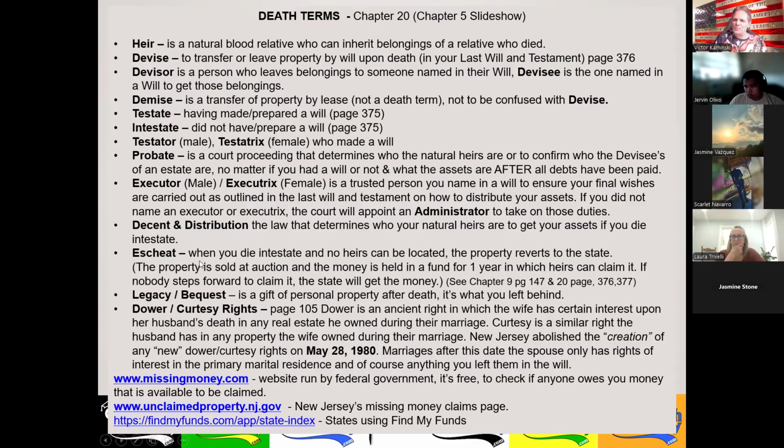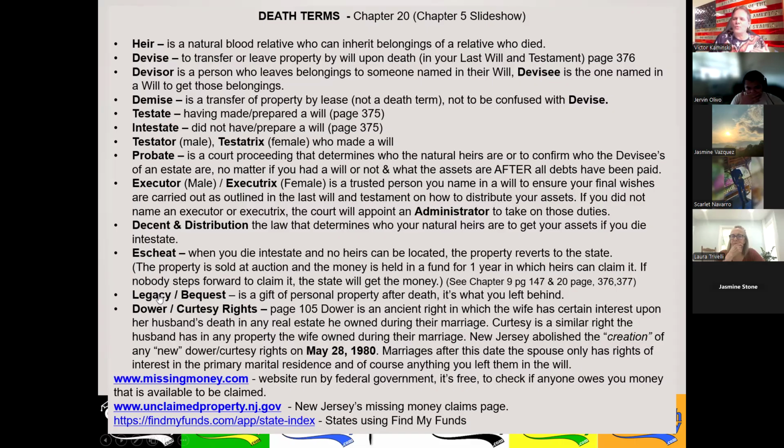You know, all your personal property, all your most prized possessions and belongings other than your real estate, that's your legacy. It could be your money, it could be your trophies, it could be your bowling ball, it could be your shoe collection, it could be whatever your most prized assets are. That is your legacy.